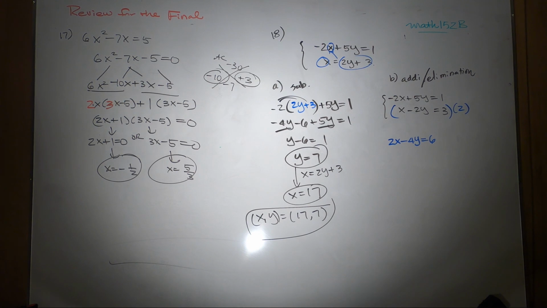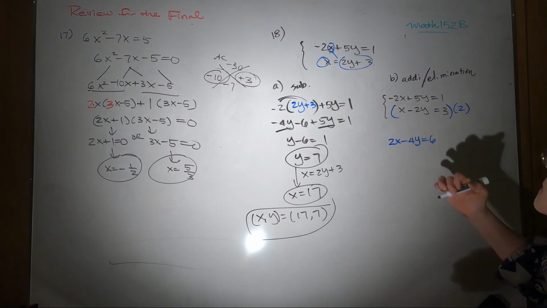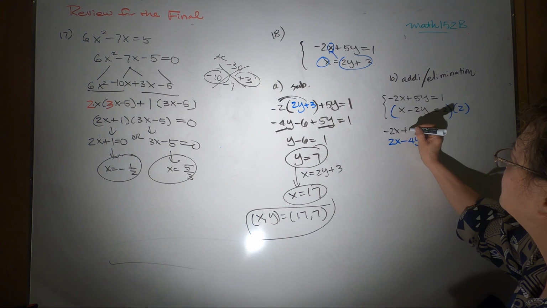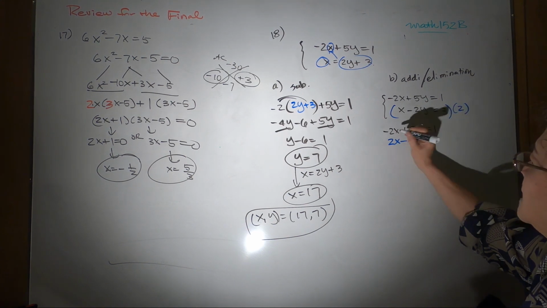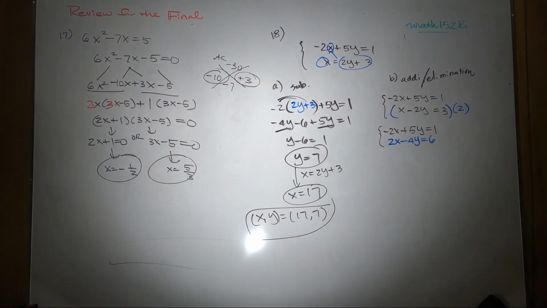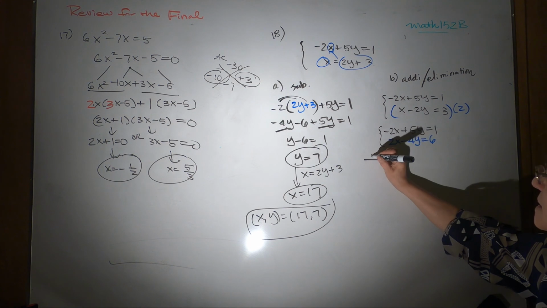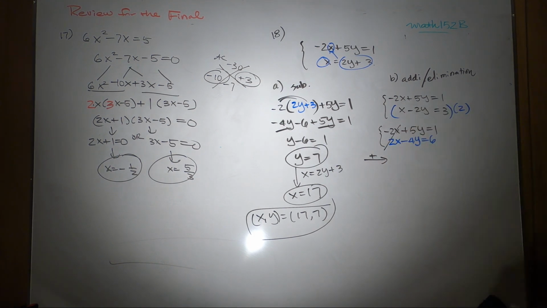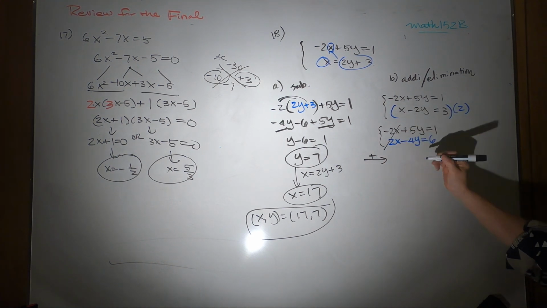Then you rewrite the top one and curly bracket them together, right? It means you are going to work with both of them together. Okay, then eliminate by addition. If you add them, you can eliminate one variable.